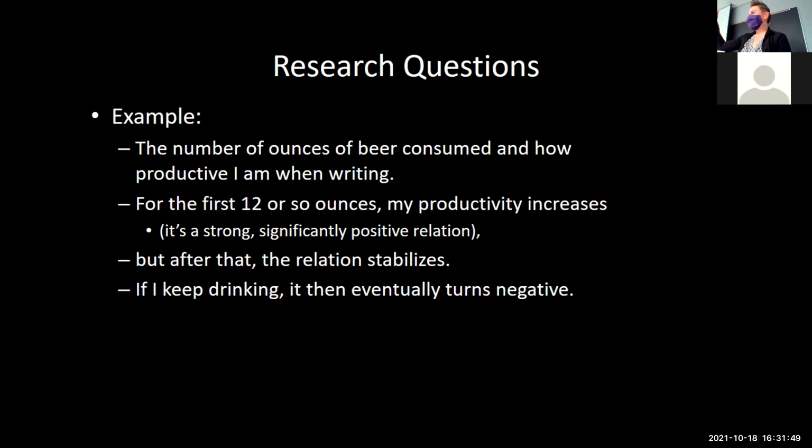And if I have 4 beers, honestly, if I have 3 beers, then that relationship goes down. I can no longer write because I'm too distracted by other things going on, or I'm too sad, or I'm too incoherent and can't put thoughts together. That is a relation between amount of alcohol consumed and writing productivity in number of words written. It looks like that.